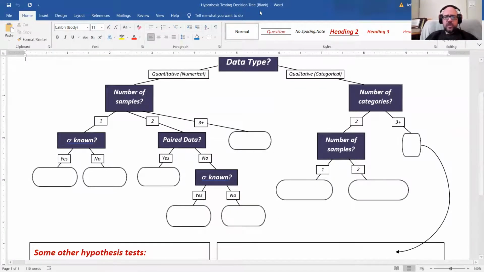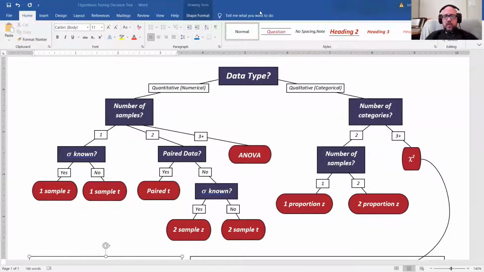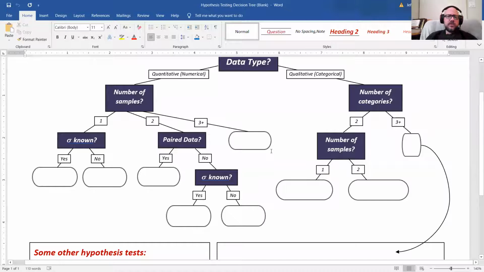So feel free to sit there with this, or ideally, it would be better to use this once you've filled it out. Just the act of filling it out, by the way, will make it stronger in your memory than looking at something that I have done.